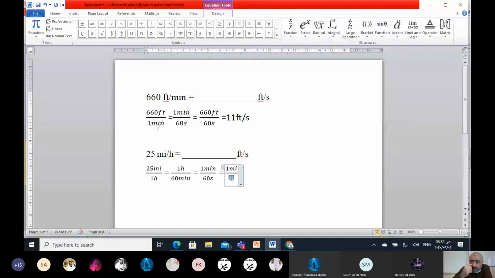Between mile and feet. Mister, 1/300. Yes, tell me. What is the relationship between mile and feet?